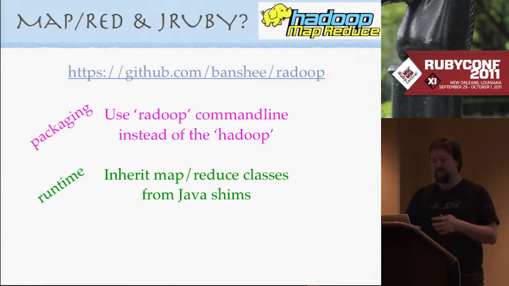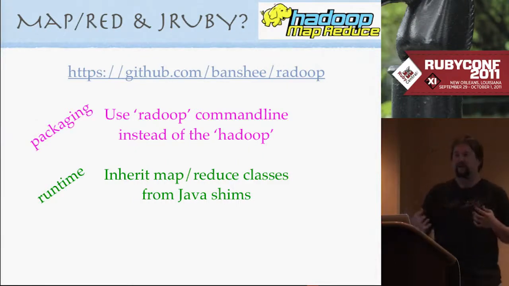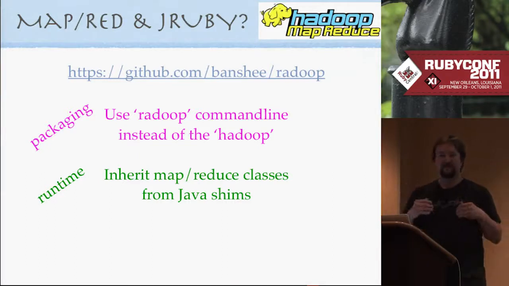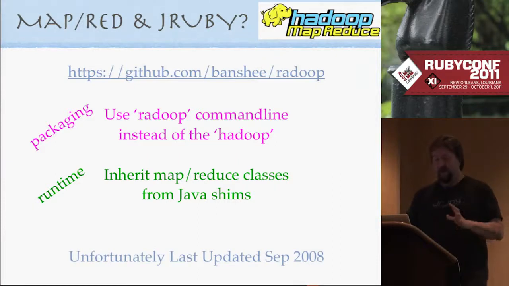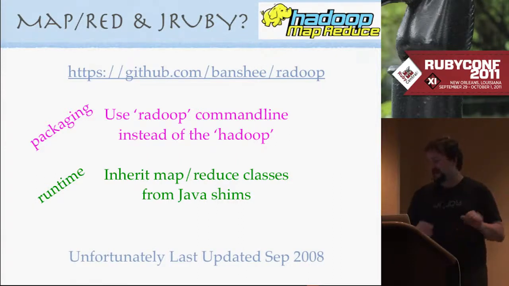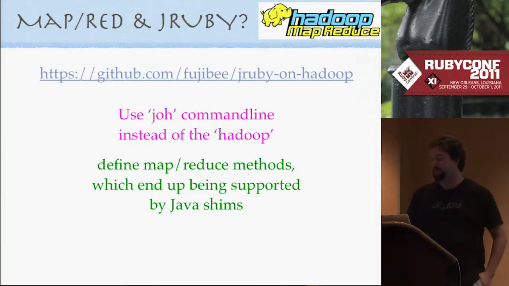Then the way you implement your map and reduce tasks is in Ruby by inheriting from Ruby classes, which are essentially Java extensions. So you have the Java code that's in the gem, and then you inherit from those classes, and it bootstraps it that way. Unfortunately, it's a little old. It hasn't been updated in a while. In fact, it probably doesn't even support some of the more recent MapReduce APIs.